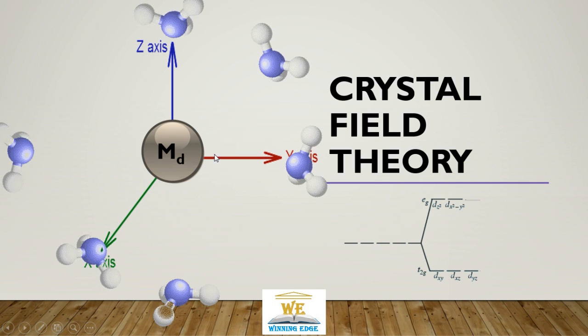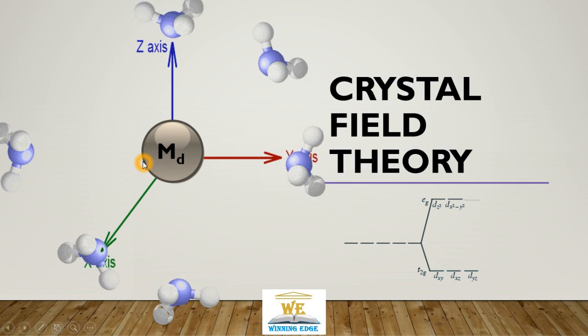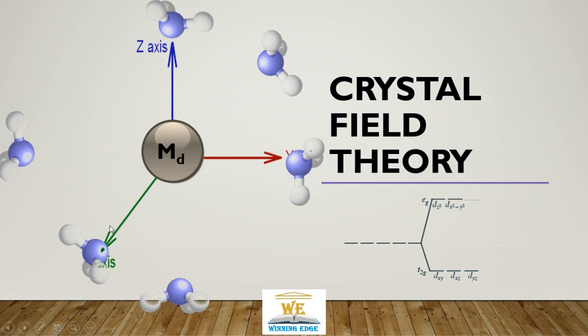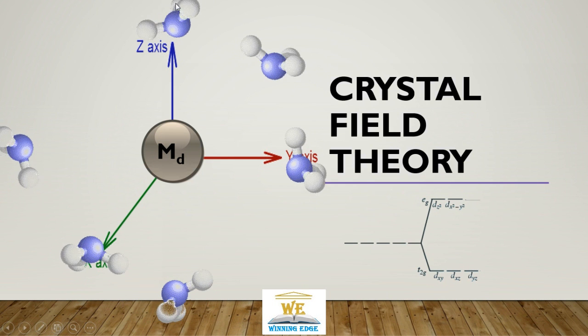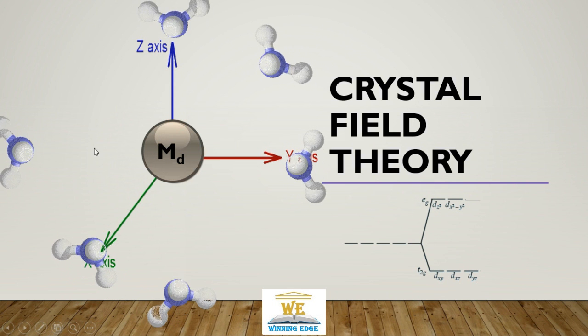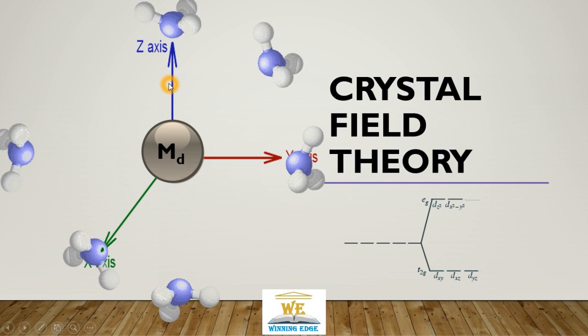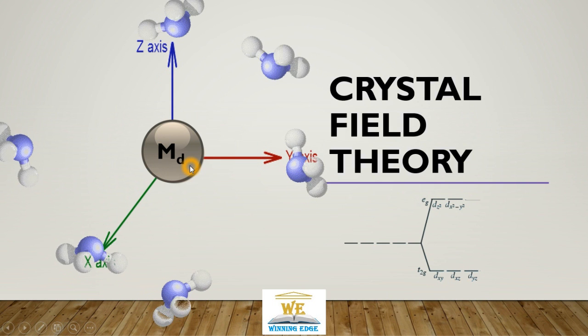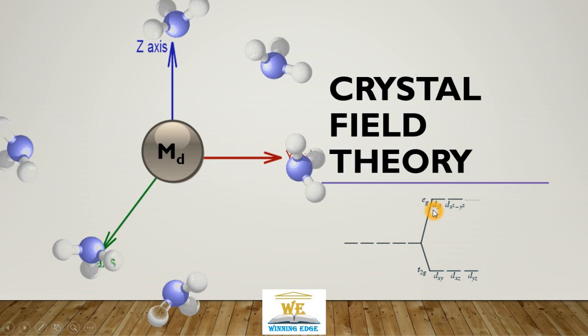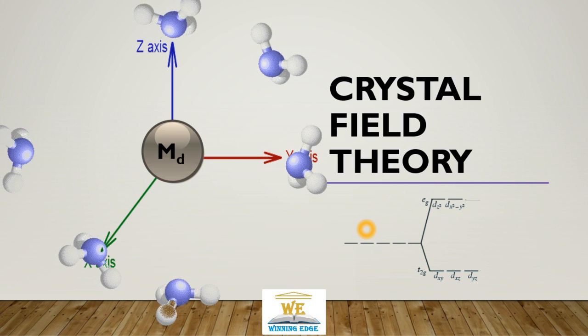These orbitals are directed directly toward the axis. Because all our ligands approach along the axis, either the negative axis or positive axis, these orbitals face a greater degree of repulsive force and their energy will go up.